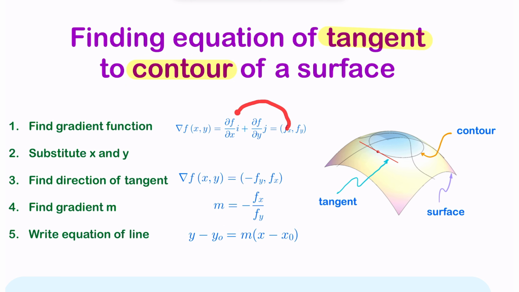where fx is the partial derivative with respect to x, and fy is the partial derivative with respect to y. Your final step is simply to use the standard equation of a line using the gradient you just found and the coordinates of your given point. So that's how you would approach a question that involved finding the tangent to a contour.